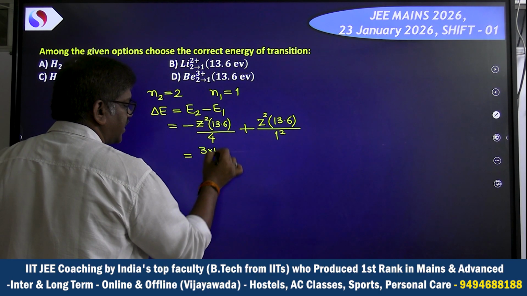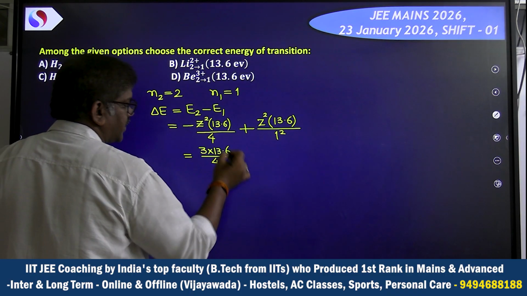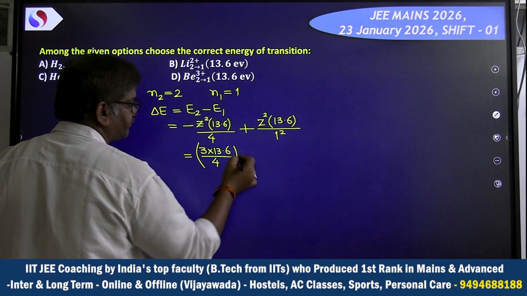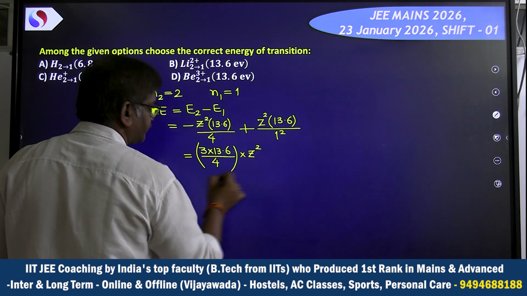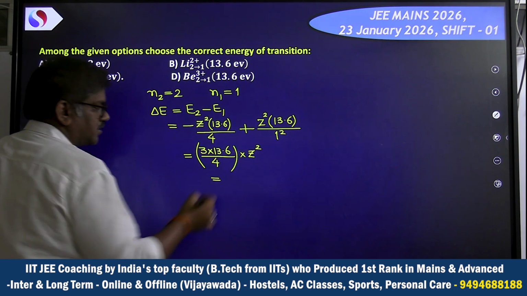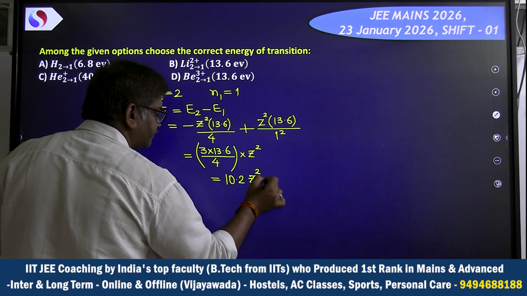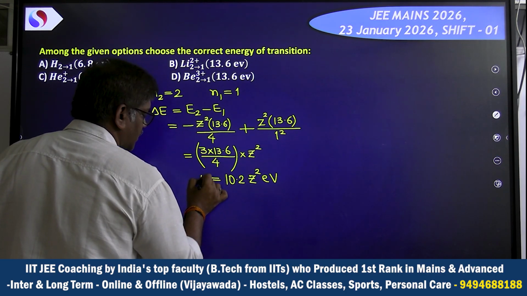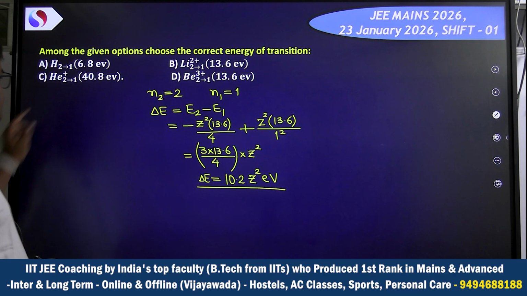So 3 into 13.6 divided by 4. That value will be 10.2 into Z square EV. So I calculated this value first, and then now we will check.